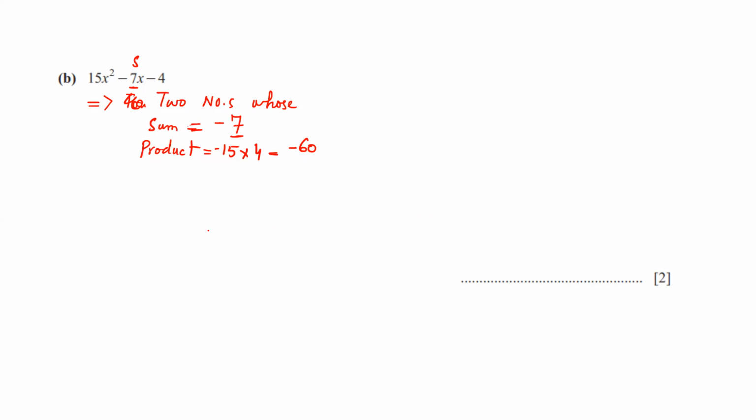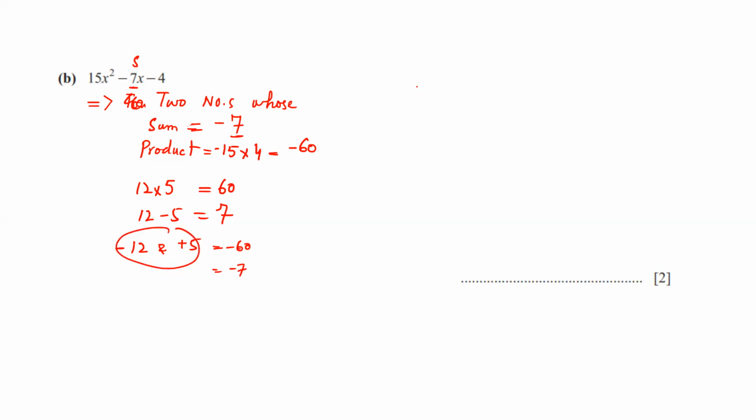If you multiply 12 by 5, you will get 60, and 12 minus 5 gives you 7. So if your numbers are minus 12 and plus 5, you will get minus 60 and you'll get minus 7. So these are your numbers.